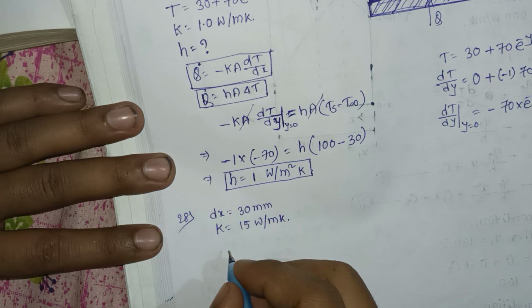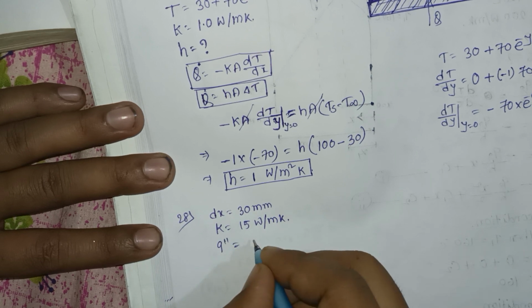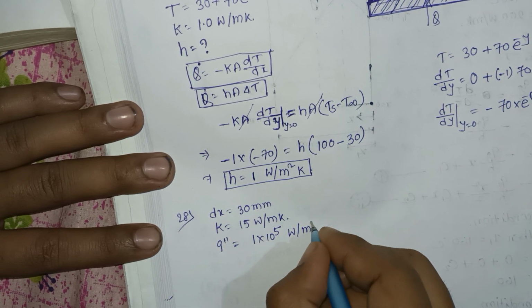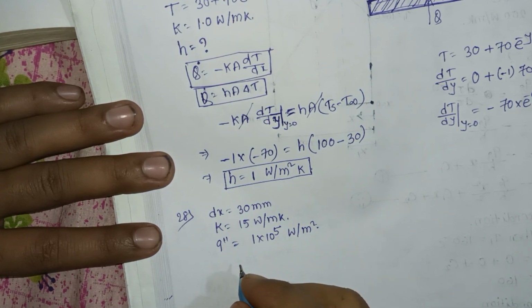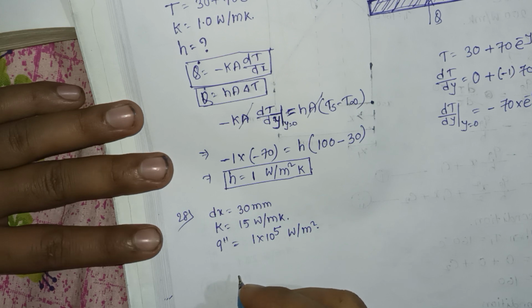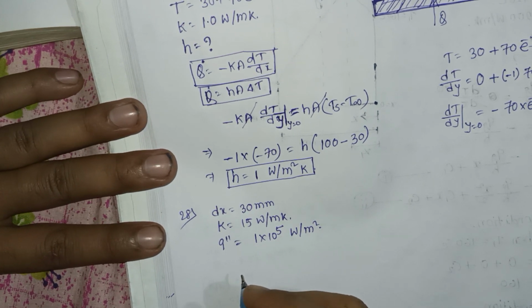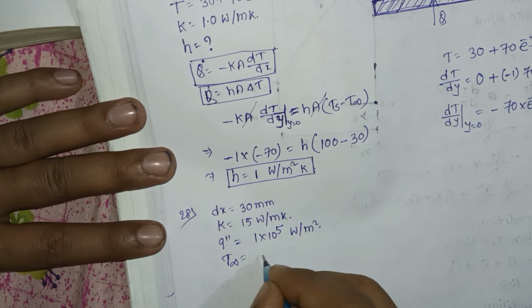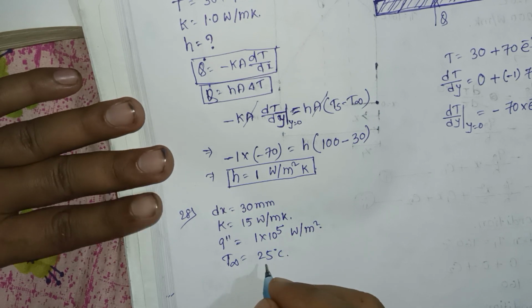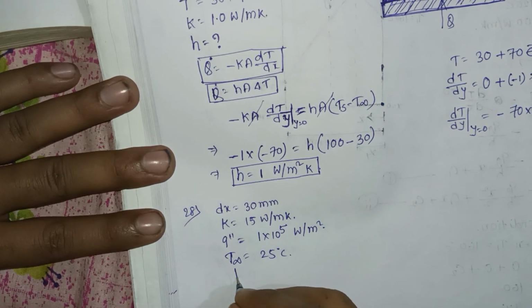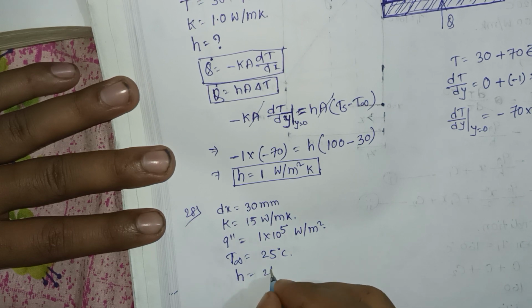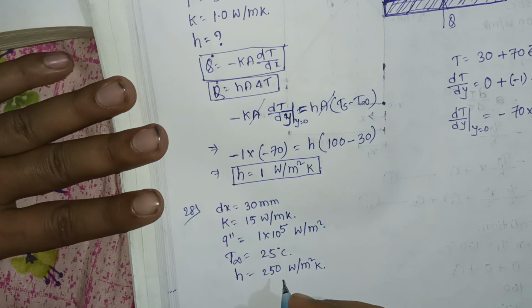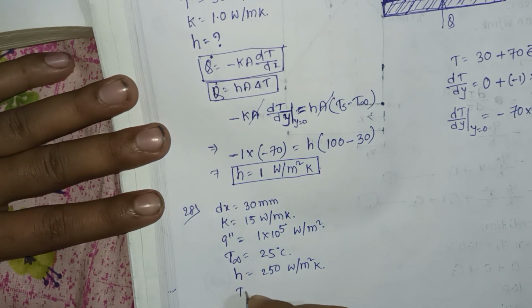At x equal to 0, Q double dash is given, 1 × 10⁵ watt per meter square is applied. On the other side of the wall, the heat is removed from the wall by convection. T infinity is given, that is 25 degrees Celsius, and heat transfer coefficient h is given, that is 250 watt per meter square Kelvin. The temperature at x equal to 0 is T1.